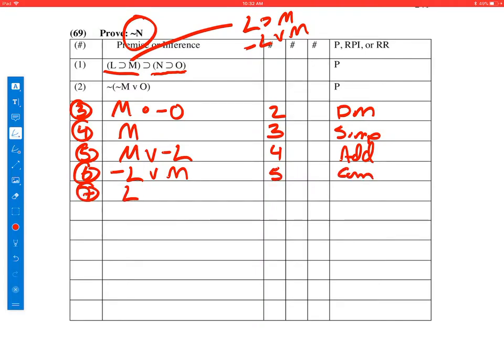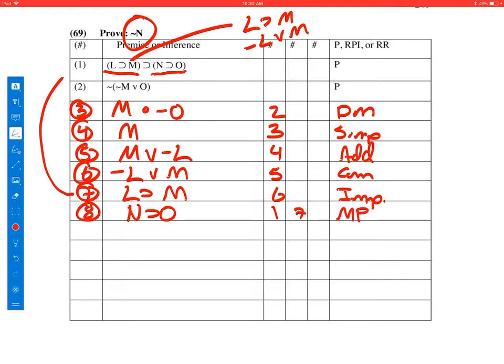Move it over, not L or M, 5 by com, and convert it to a then 6, and that's by material implication.